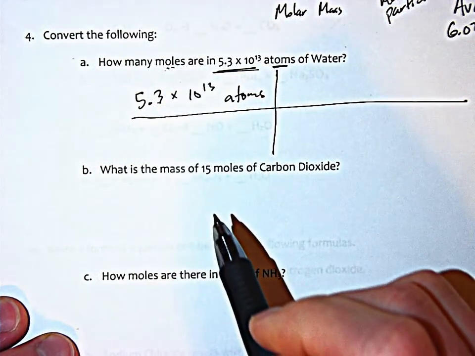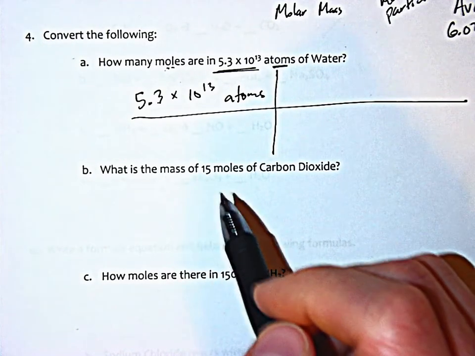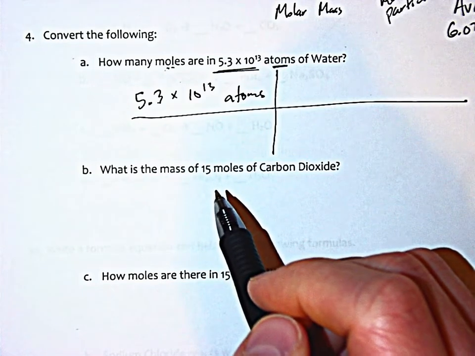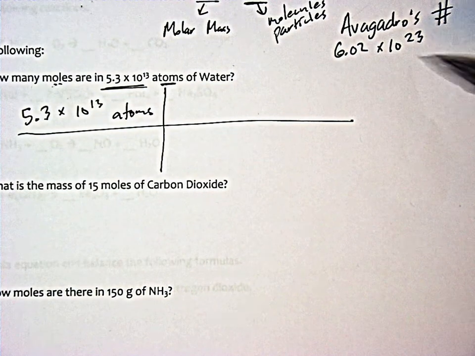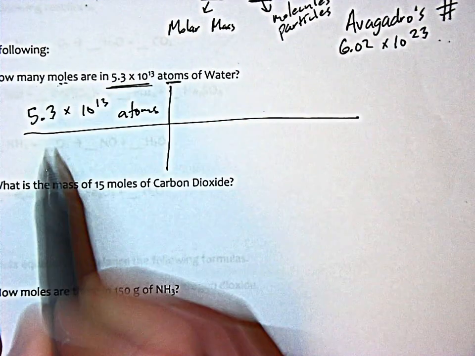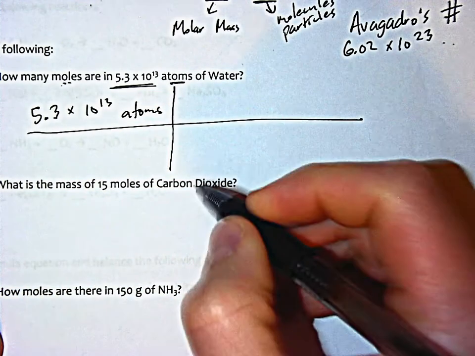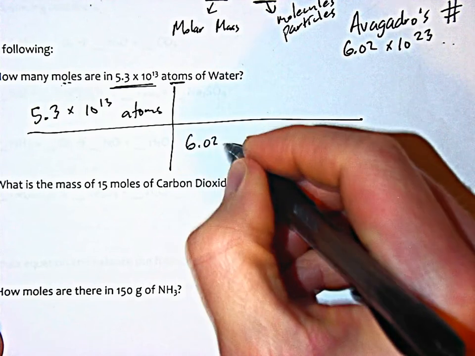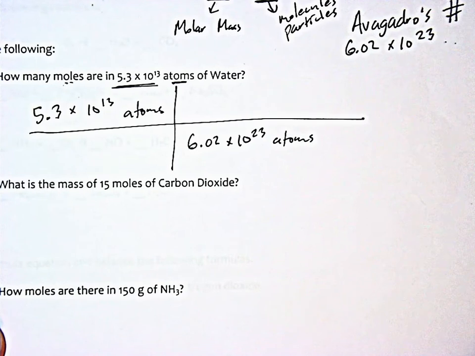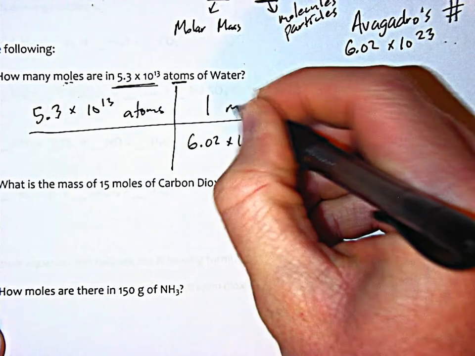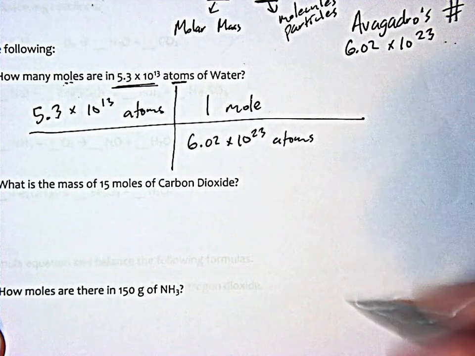How many moles? Well, I know that in any mole of a substance, there are 6.02 times 10 to the 23rd atoms in that substance. Avogadro's number tells me that. So my conversion factor is that 6.02 times 10 to the 23rd atoms are in any one mole of any substance, whether it's a compound or just a single element.